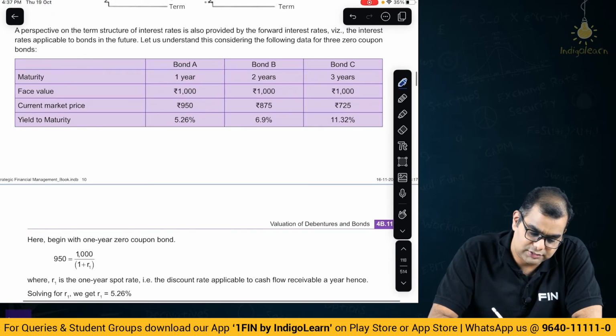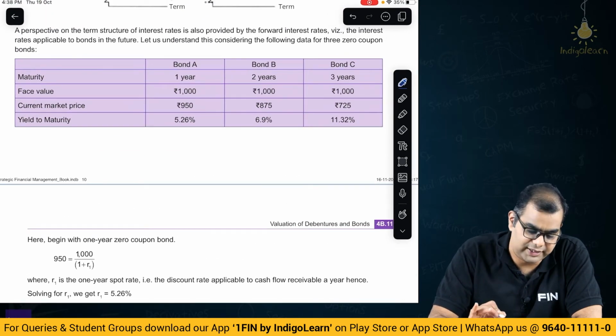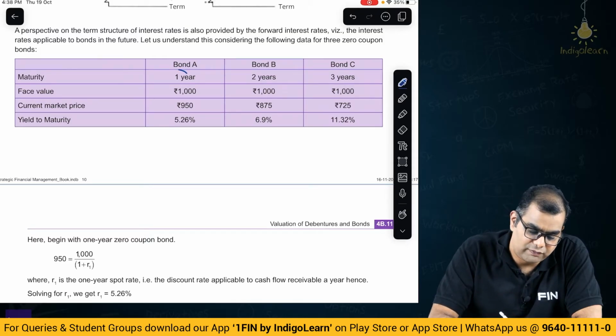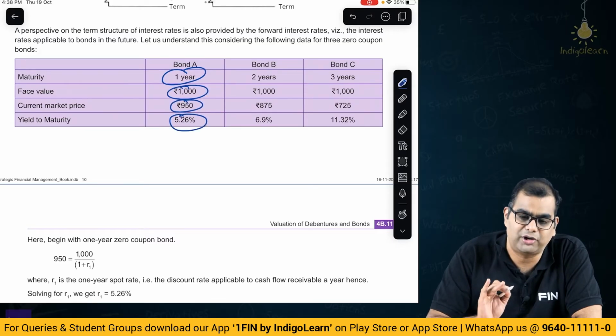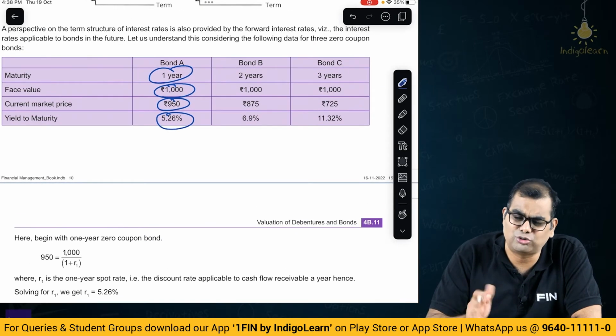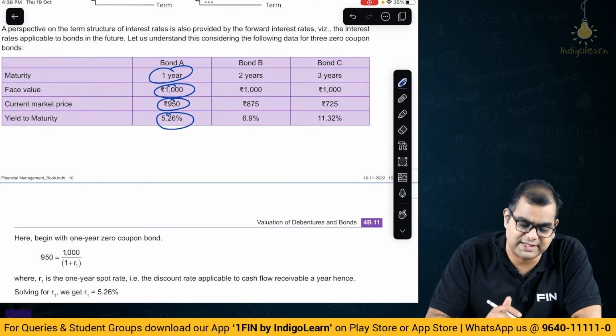There are three bonds and all have the same credit rating. All three bonds are of a similar kind of industry, everything. A 1 year bond: face value is 1000, market price is 950, YTM is 5.26. Assume that these are zero coupon bonds, that there is no coupon. Even with a coupon we can compute, but I am taking a simplistic example.